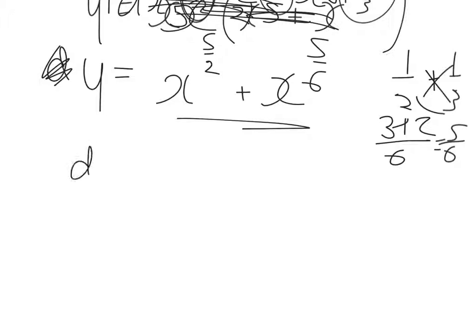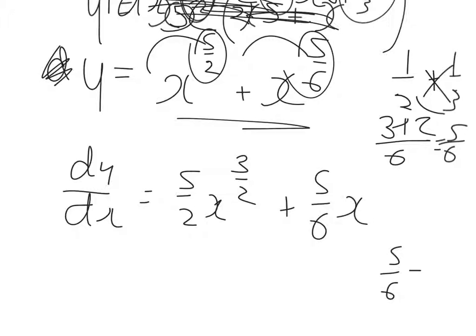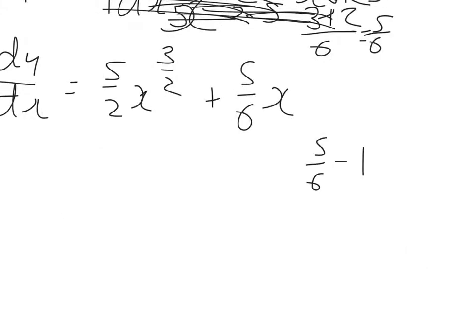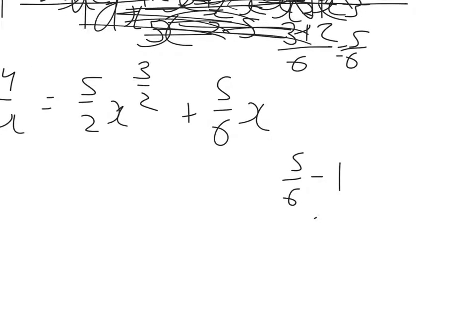So let's first of all differentiate, and that will be 5 over 2 x to the power 3 over 2, so that's because it's 5 over 2, take away 1, 5 over 2, take away 2 over 2 is 3 over 2, plus 5 over 6 x to the, well, that will be 5 over 6, take away 1, which is 5 over 6 take away 6 over 6, which is minus 1 over 6.